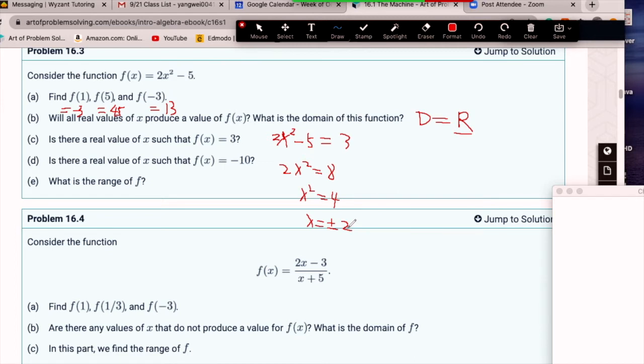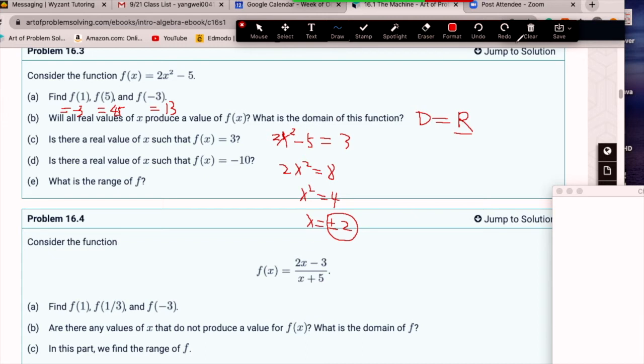When x equals positive 2, 2 squared is 4, 4 times 2 is 8, 8 minus 5 gives 3. If x equals -2, -2 squared is still positive 4, 4 times 2 is 8, 8 minus 5 is positive 3. So this equation has two solutions.